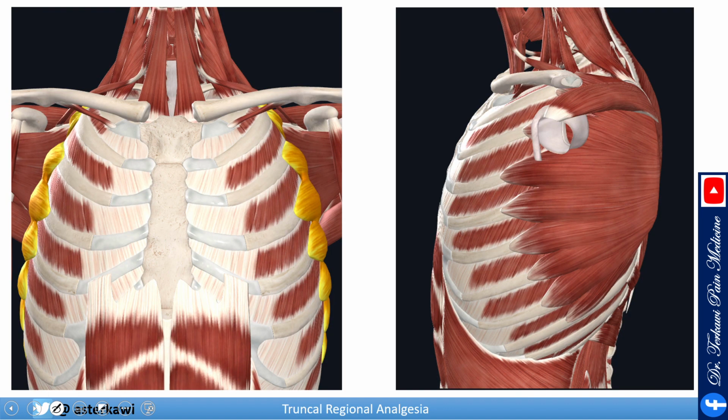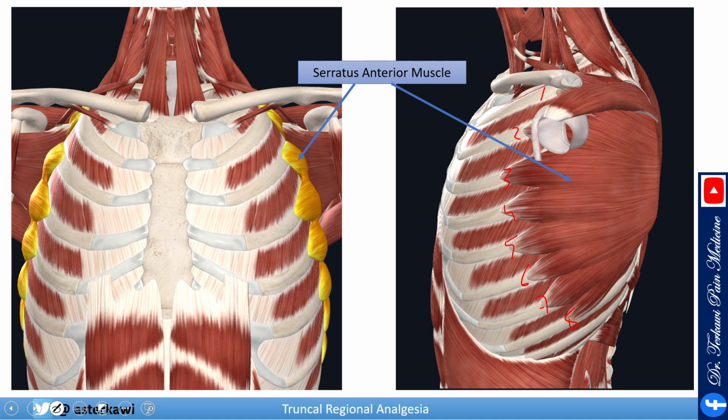Underneath that, we have the serratus anterior muscle. The serratus anterior originates from the top lateral surface of the first 8 or 9 upper ribs. So if you imagine here, that's rib number 1, 2, 3, 4, 5, 6, 7, and 8.